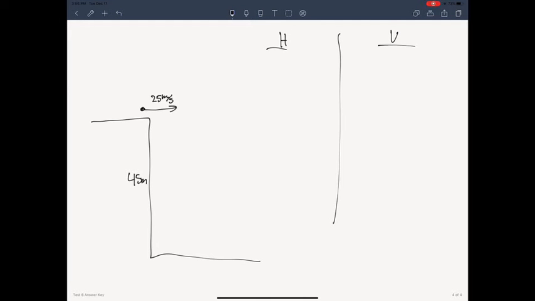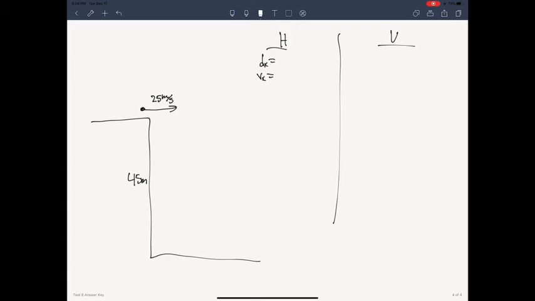So we have 45 meters. It's going to go 25 meters per second. Okay, H and V. Okay, dx. Is this getting old yet?